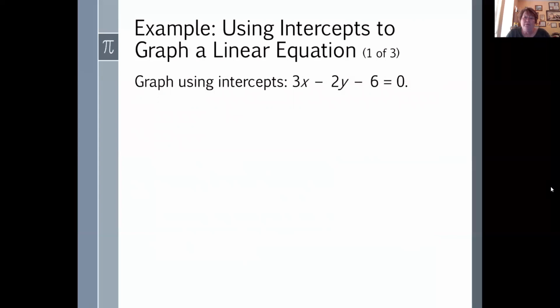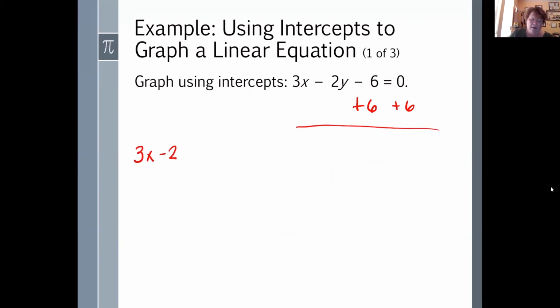So I always move the constant back to the right-hand side of the equation, because then I don't have to add the 6 to both sides every time I find an intercept. So I'm going to add 6 to both sides, getting the constant over on the right-hand side. So I get 3x minus 2y equals 6. So much easier to deal with.